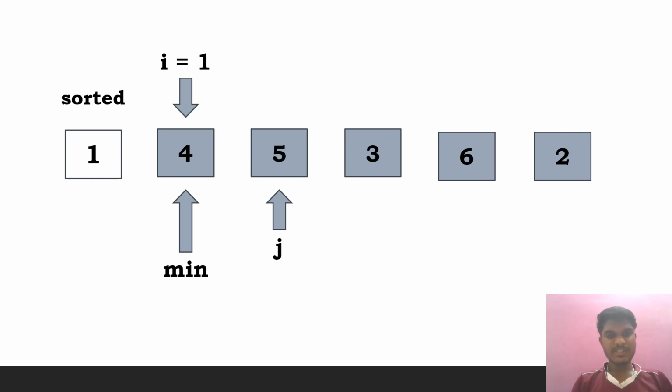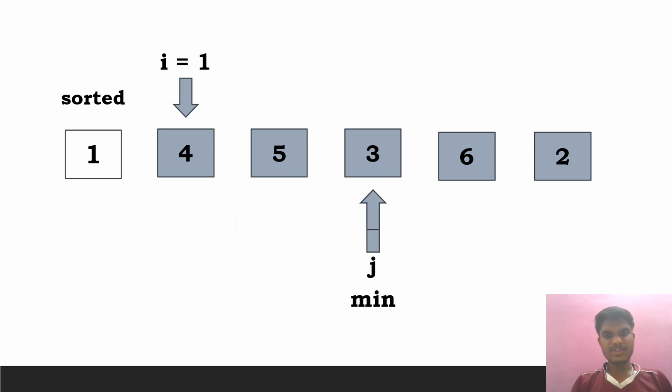Now we will check the same condition, minimum less than j, 4 is less than 5, true, j is incremented. Then 4 is less than 3, condition false, minimum becomes j, that is 3, and j is incremented, j becomes 6. Then 3 is less than 6, true. Then 3 is less than 2, false.